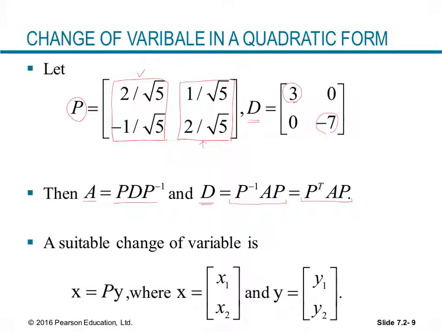Now let us consider the change of variable equation. If I define the y vector through this change of variable equation with this P matrix, then the quadratic form can be simplified.